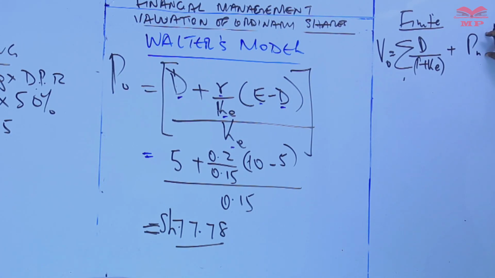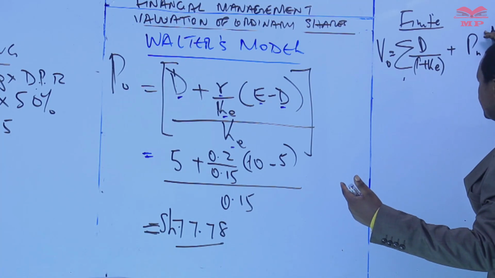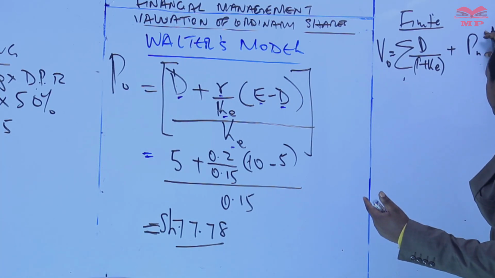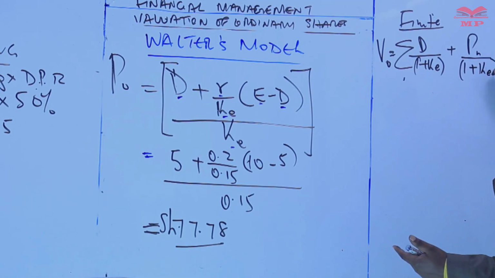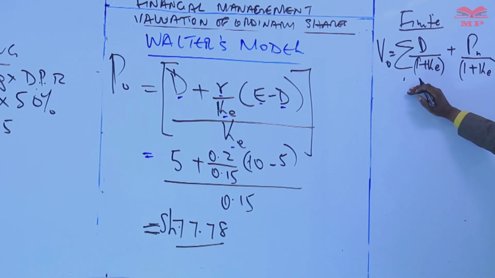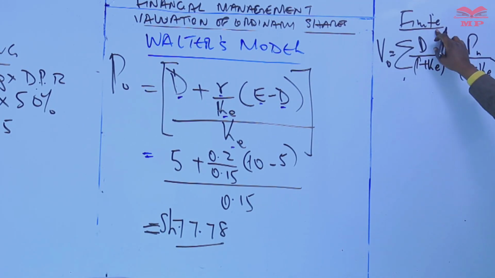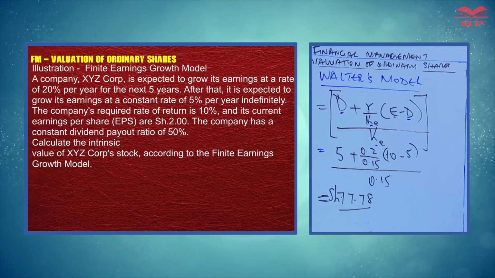So this is the terminal price, which is the expected earnings. In our question it was 5 years. You discount it by dividing by 1 plus KE. So you add these two, the expected dividends for that period, the finite period. You add the present value of the terminal price of the share.